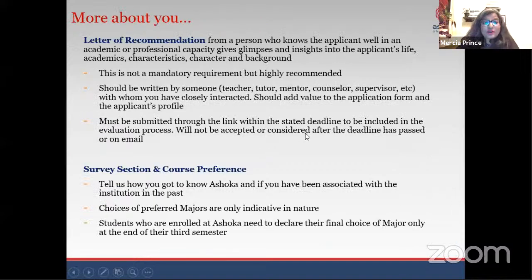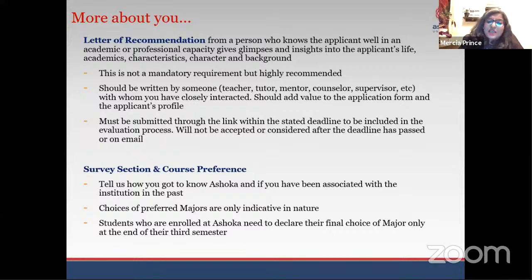Okay. Moving on, a little bit more about you. So the letter of recommendation, as I mentioned earlier, from a person who knows the applicant well, in an academic or professional capacity, right? This would give us a glimpse or an insight into the applicant's life from somebody who knows you for a much longer period than we do, right?